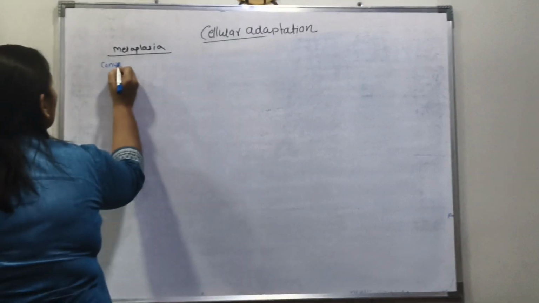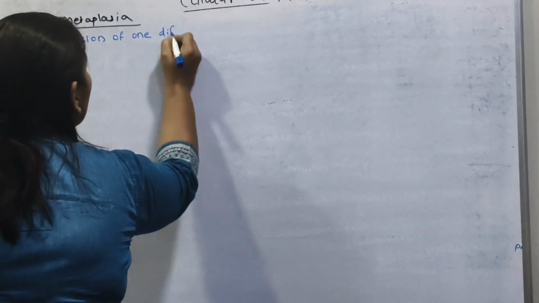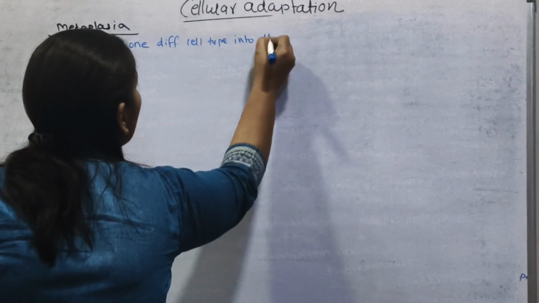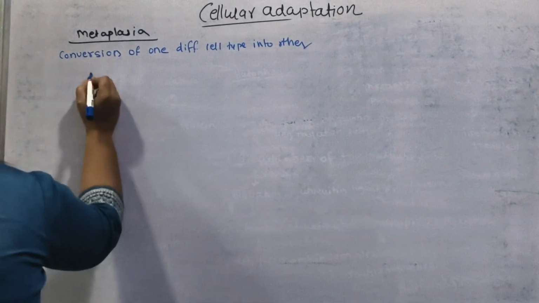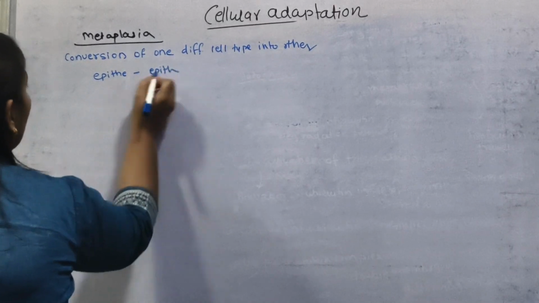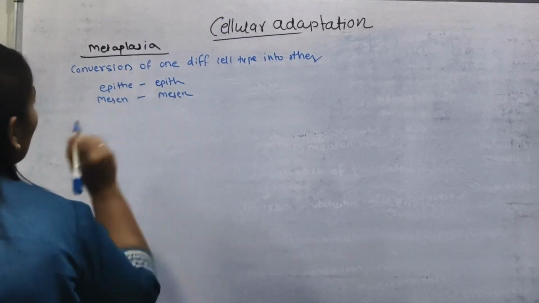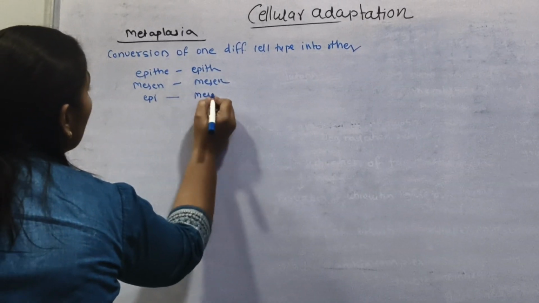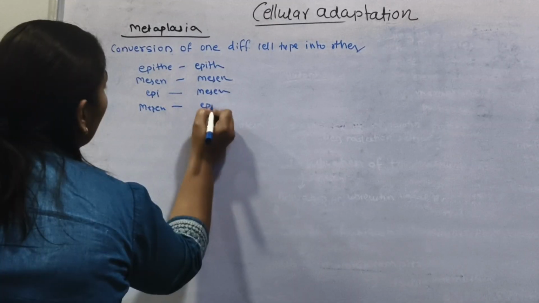It is the conversion of one differentiated cell type into another. For example, one epithelium gets converted into another epithelium, one mesenchymal tissue converted into another mesenchymal tissue. But one epithelium is never converted into mesenchymal tissue and one mesenchymal tissue never converted into epithelium.